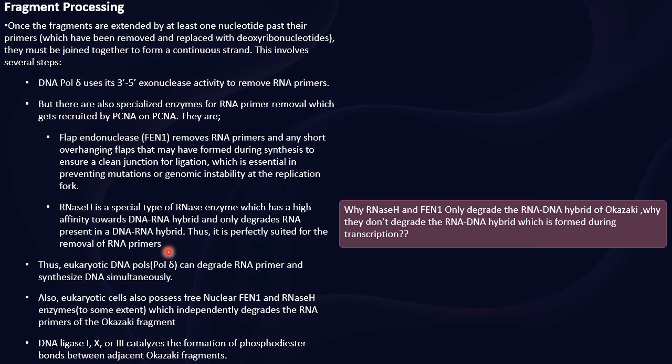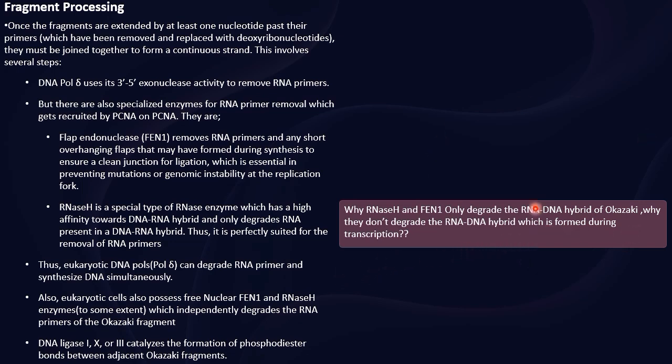Here I must say that RNase H uses its exonuclease activity to remove the RNA primers from the RNA-DNA hybrid. So the question arises: why do RNase H and FEN1 only degrade the RNA-DNA hybrid of the Okazaki fragment? Why don't they degrade the RNA-DNA hybrid which is formed during the transcription process?